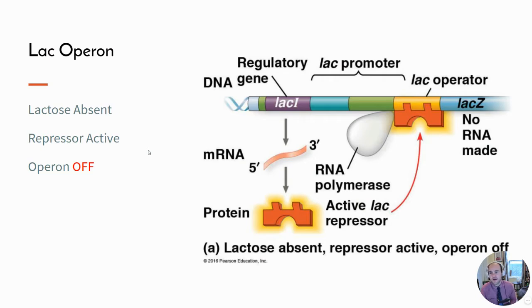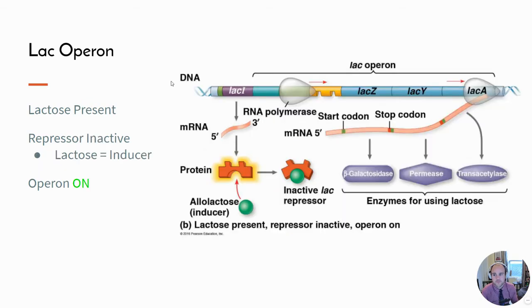So with this lac operon, when lactose is absent, there's no lactose present in the system, our repressor is active and it's binding to the operator, just like we saw earlier. Now, when lactose is present, we need those enzymes to utilize lactose. So lactose is going to bind to the repressor.